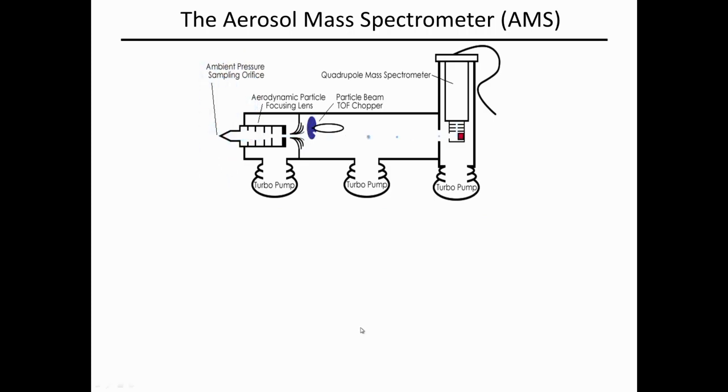So this is one of those sorts of instruments that sucks air in, focuses the particles in the air through a series of aerodynamic lenses, and then you can see that there's a slot in a chopper wheel that allows some of the particles to pass through it, so that these particles then move down a vacuum to an oven.